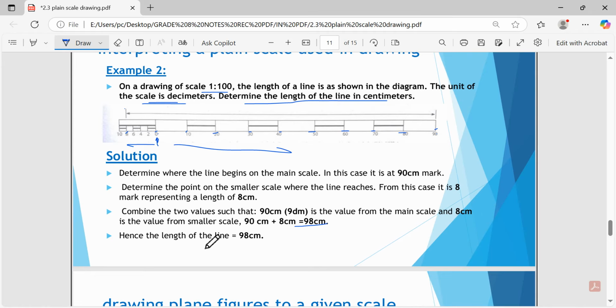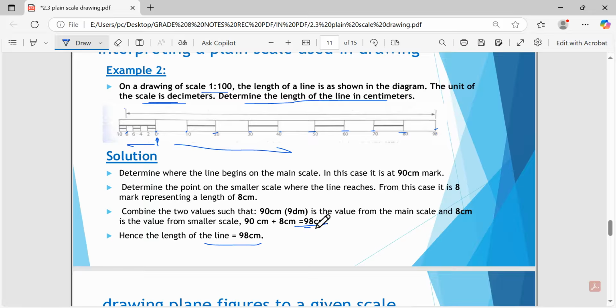Okay, so I did not convert here, but if you want to convert decimeters to centimeters, it is very simple. We say that 1 decimeter is made up of 10 centimeters.